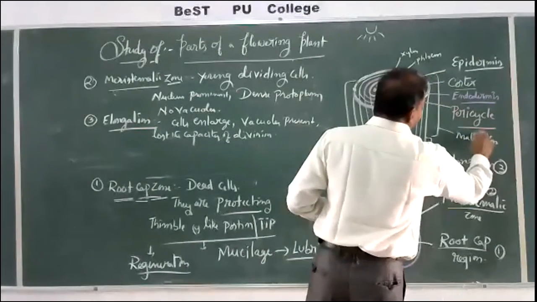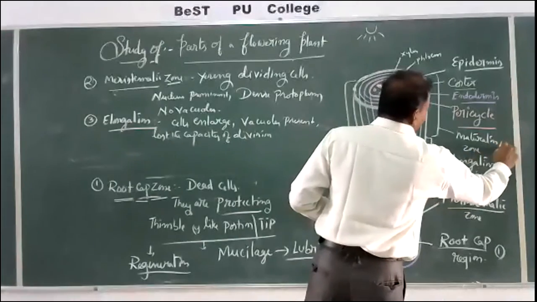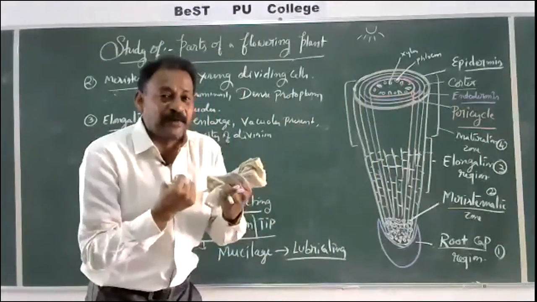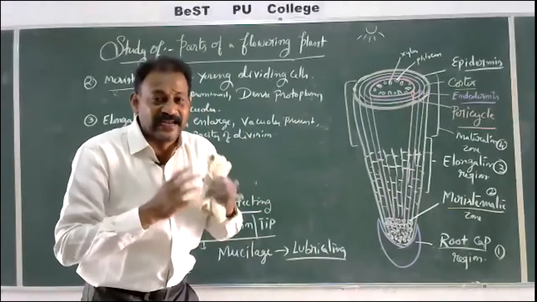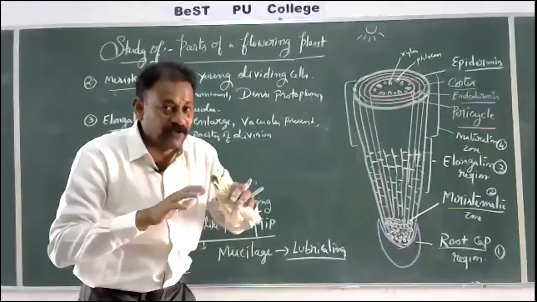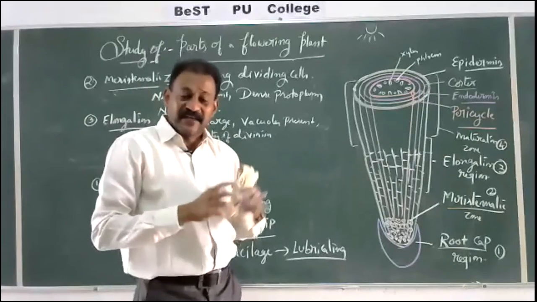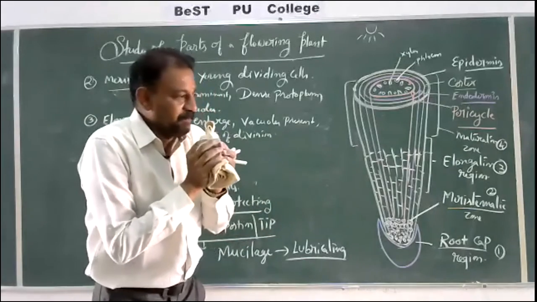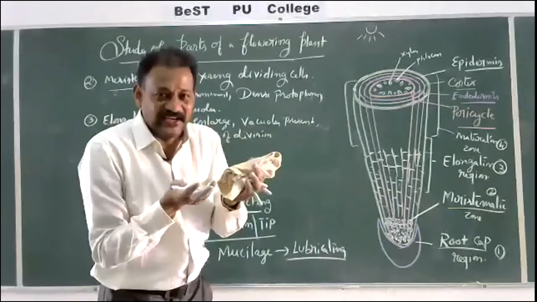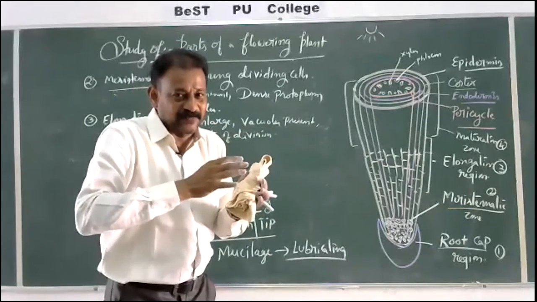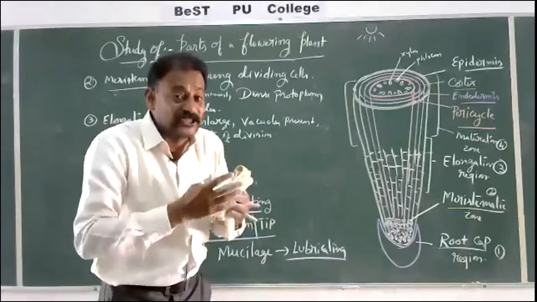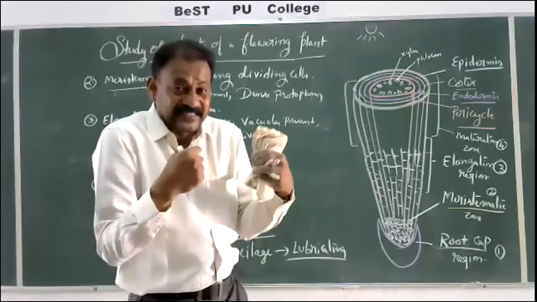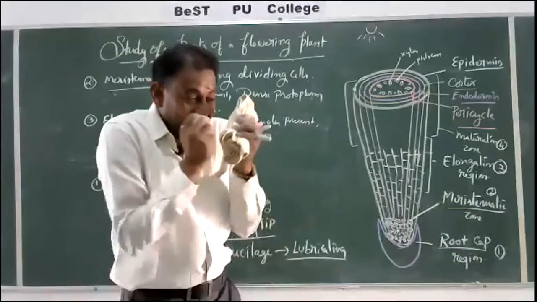Maturation means the cells here become mature and attain permanent shapes and structures, and they develop in such a way to perform various other functions. It is like an embryo in the body which is not having any shape; when time progresses, first month, second month, third month, fourth month, gradually the embryo starts maturation and formation of parts like hands, fingers, limbs, legs, eyes.